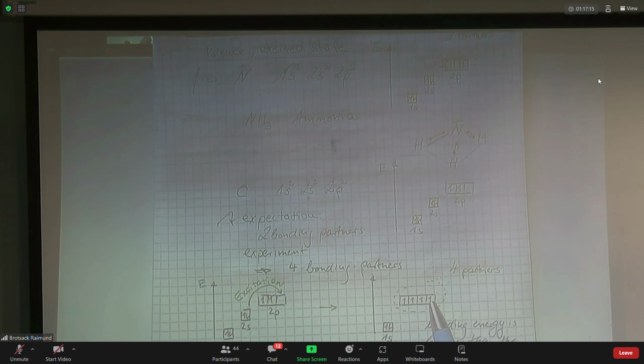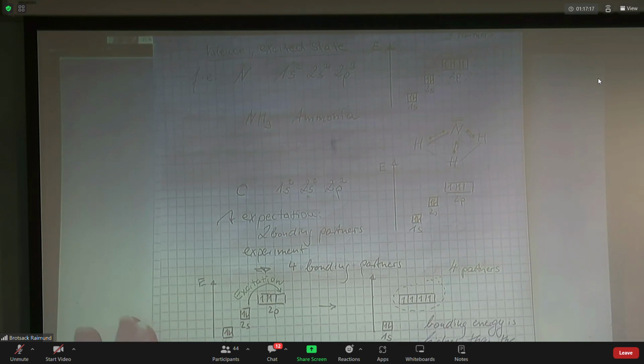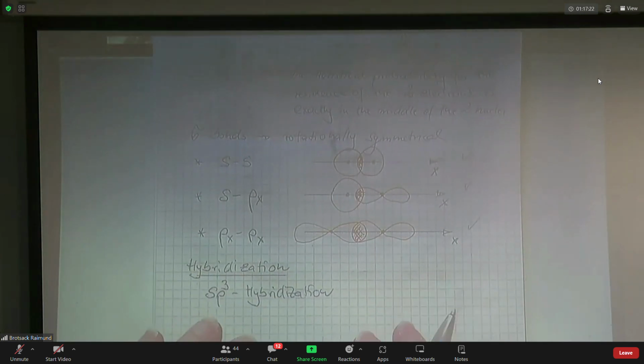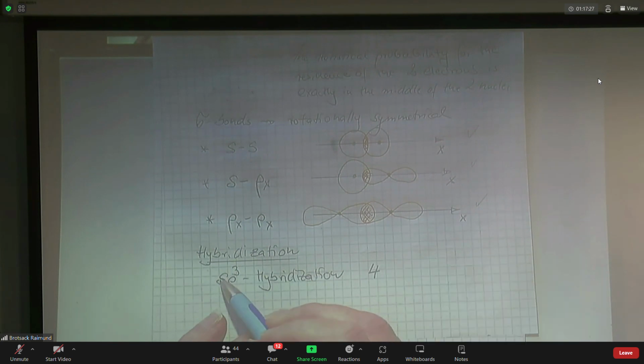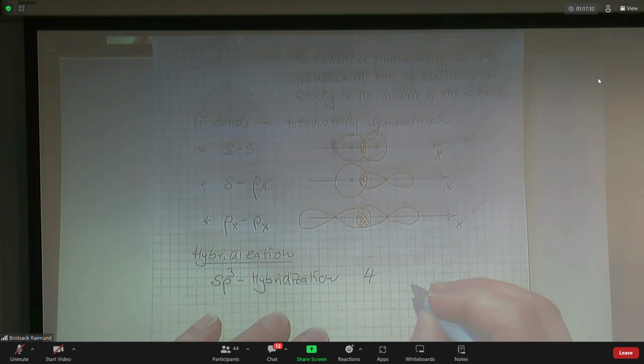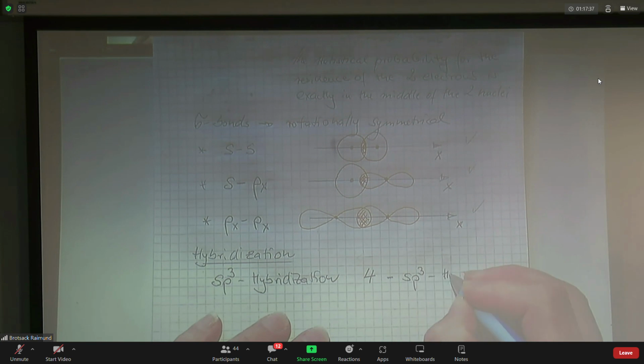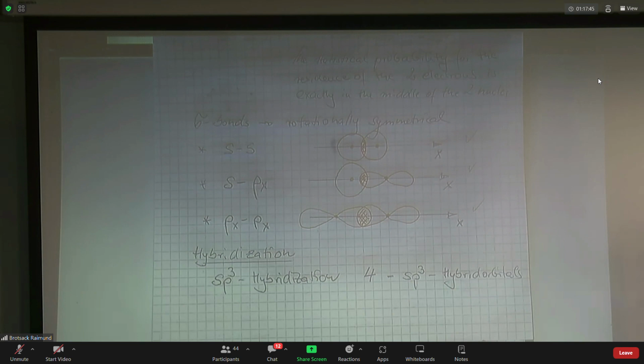They have the same energetic level. So what's the number? We have 4 of them because 1 s and 3 p orbitals are involved. Of course, they are looking a little bit different from just an s or just a p orbital.